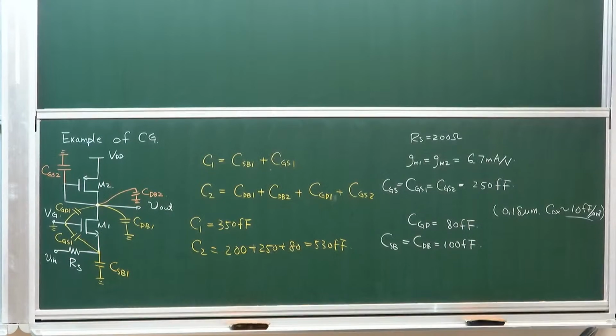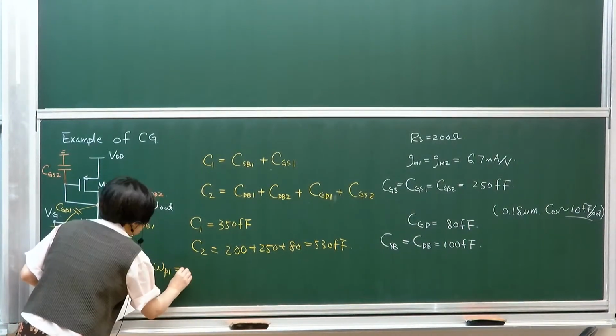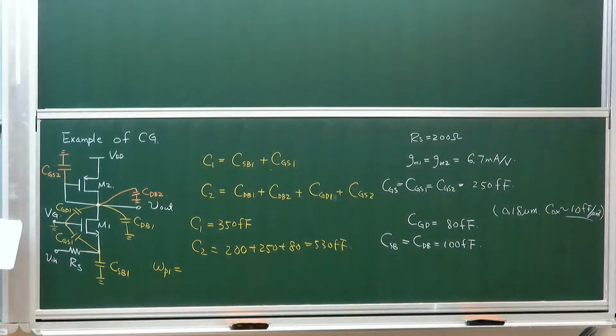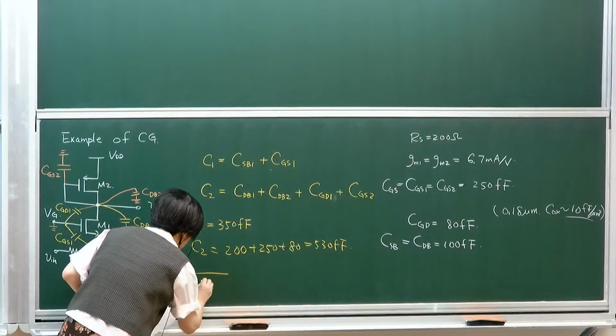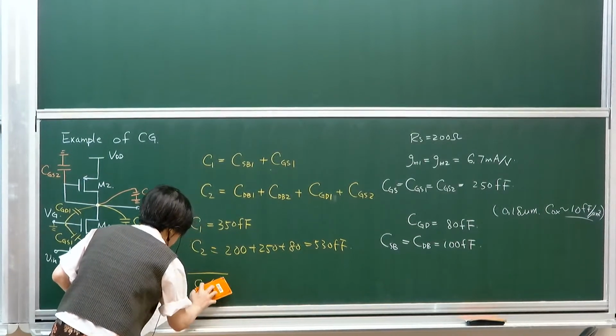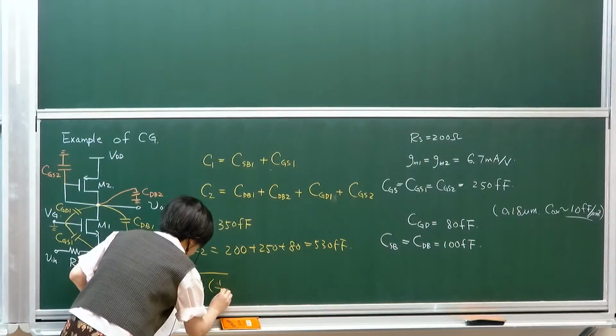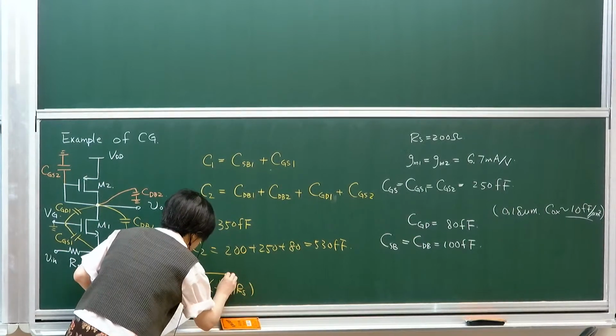Once we find these parasitic capacitances, the next thing we can do is to find the frequency. So omega p1, the input pole, will be approximately 1 over gm1 in parallel with RS, times C1.